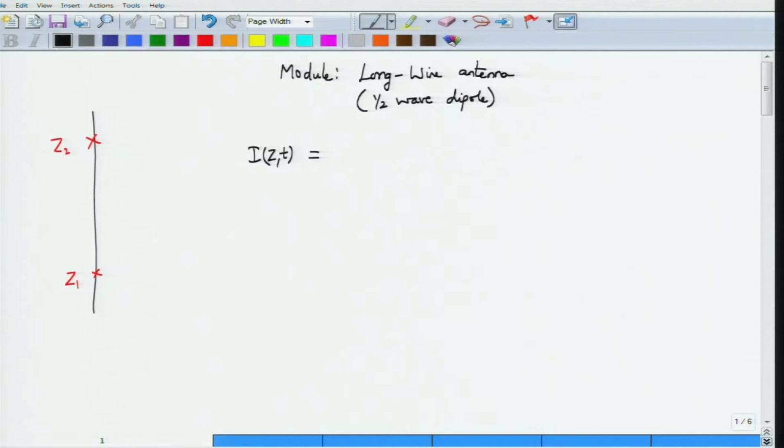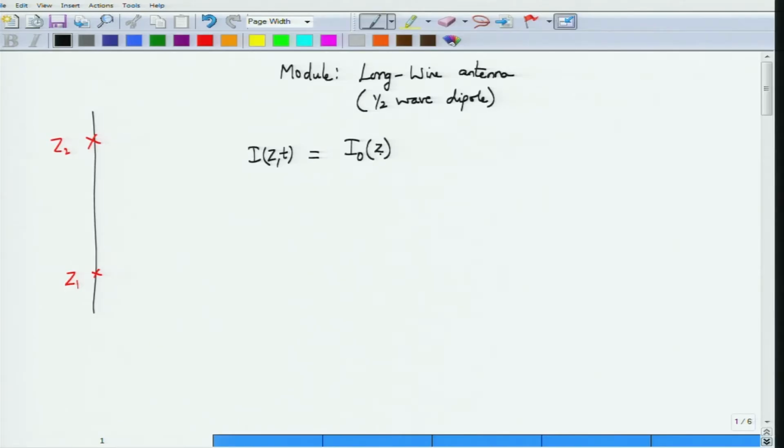So, there is a phase that you need to consider that comes simply because of the propagation effect. So, the current on the antenna must be a function both of z and t, and what we are really considering is a current wave, and we will assume one of the simplest current distributions.